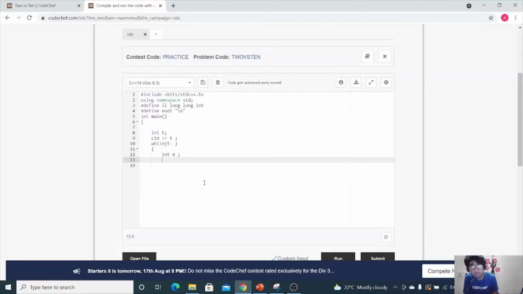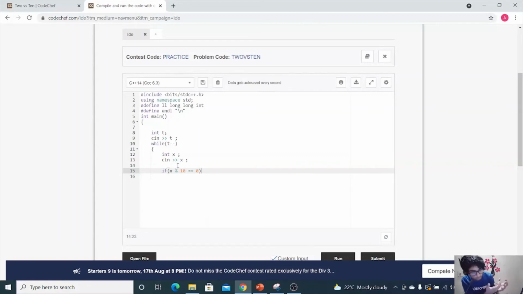I've taken the number of test cases t as input, and right now we're looking to take the number x as input. I've taken x also as input. Just think back to the 3 cases that we discussed. The first case was when the number x was already divisible by 10. So how do we check this? We check if, when we divide the number x by 10, we get no remainder.